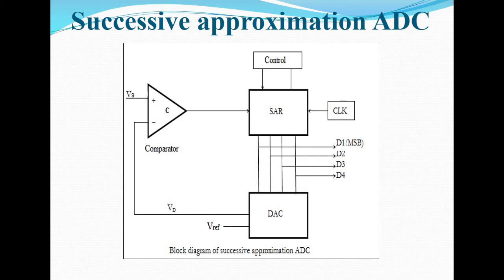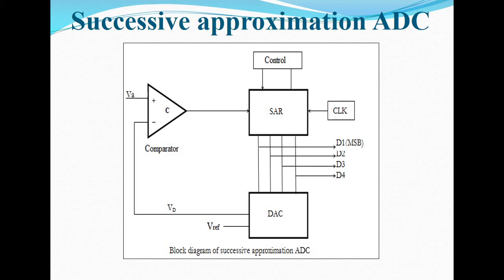If the signal at the positive terminal of the op-amp is greater than the signal at the negative terminal, then it will give output as high voltage, that is 1. In the reverse case, if the signal at the negative terminal is greater than the signal at the positive terminal, then it will give low voltage, that is 0.